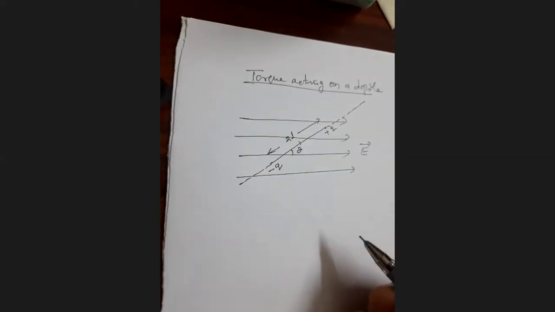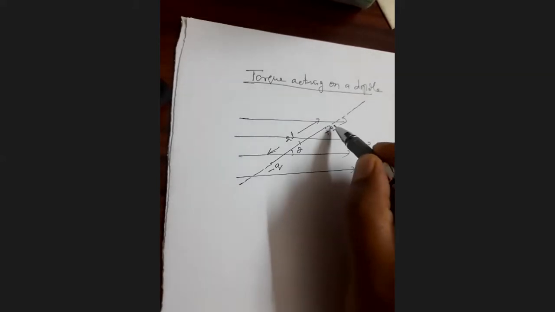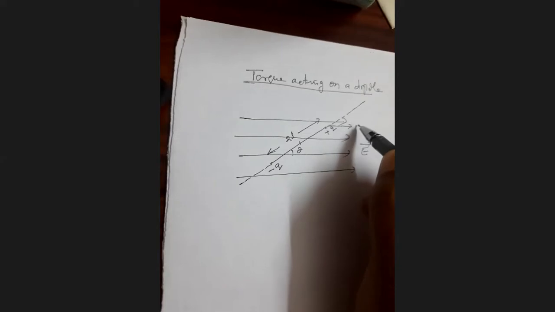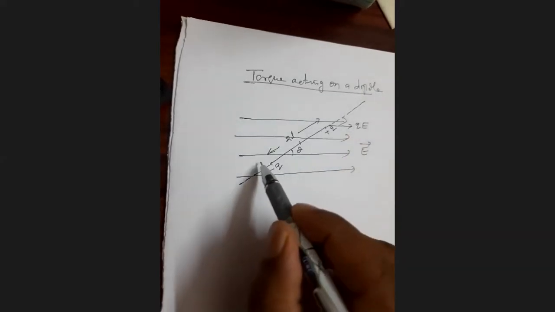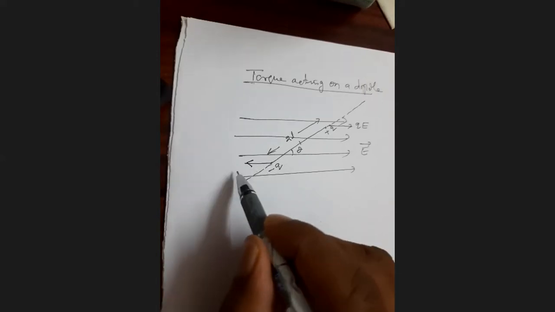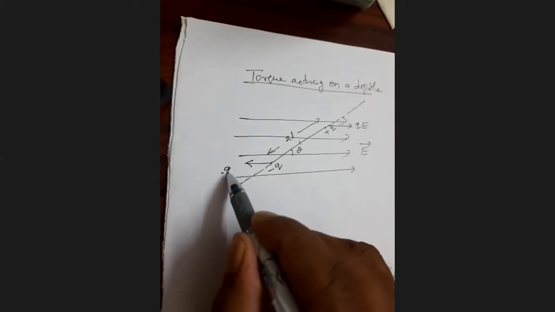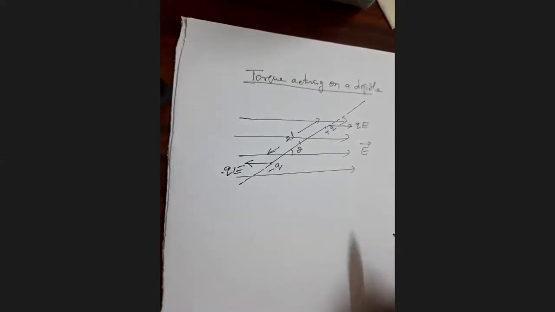We know that when a charge q is placed in a uniform electric field, it experiences the force F equals qE. When q is positive, the force F equals qE is parallel to the field direction. When q is negative, the force on charge minus q will be qE opposite to the field direction.